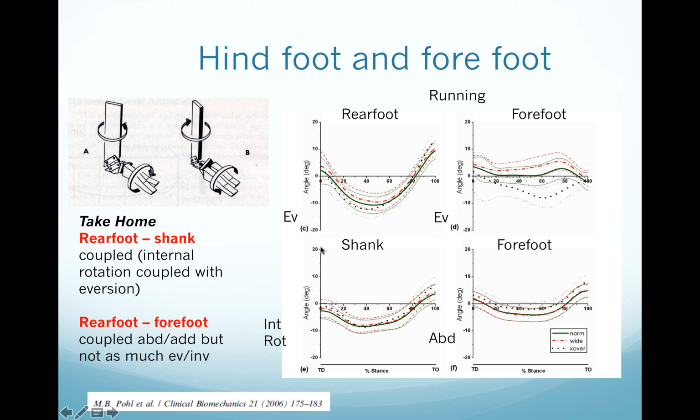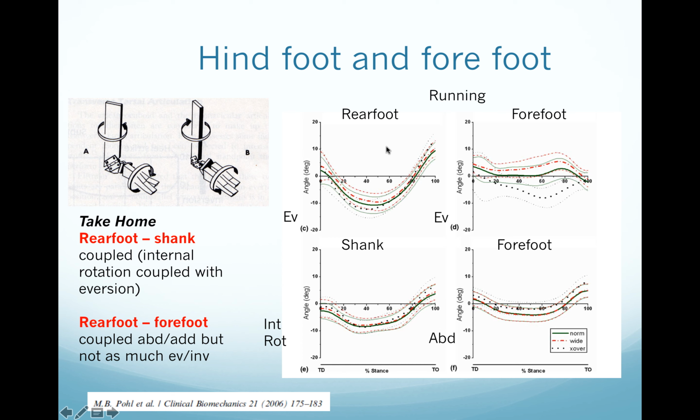The angle of the motion is here on the y-axis with internal rotation being negative, and then the stance phase of running is on the x-axis. So we can see that 0 is heel strike and 100% is toe off. We see that from heel strike to toe off, there's a pattern of internal rotation followed by external rotation toward 100% of the gait cycle.